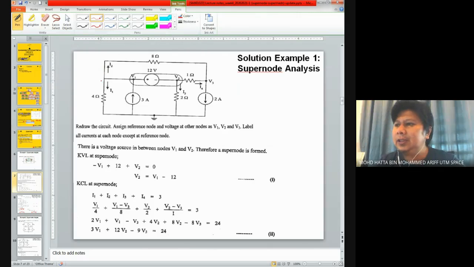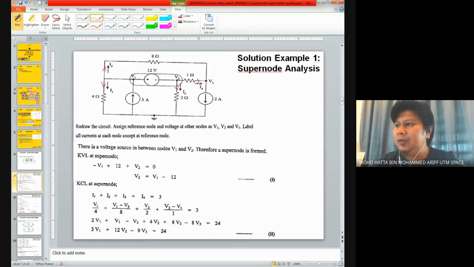So let's consider that the current is in this direction and in that direction, meaning that the current is flowing out from V1. And at V2, you can see here, I3 is flowing out from node V2 towards the reference node, or the ground. And there is also a current, I4, considered flowing from V2 to V3.